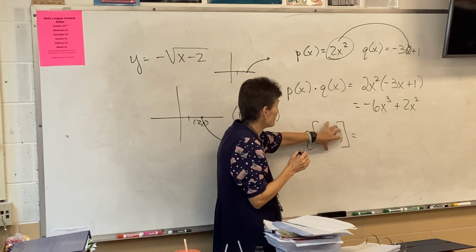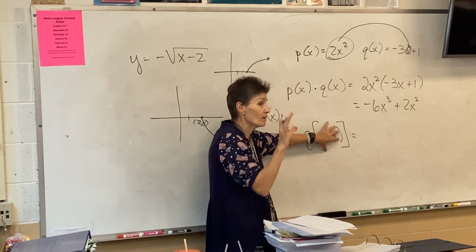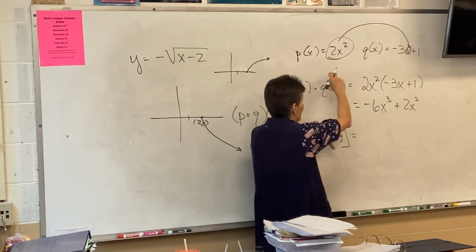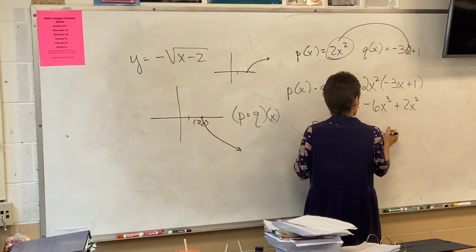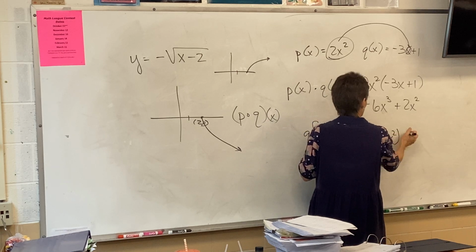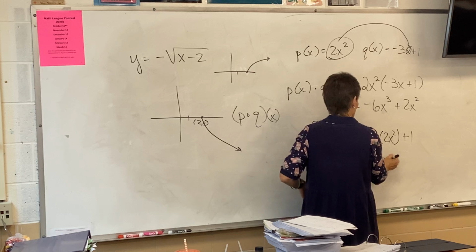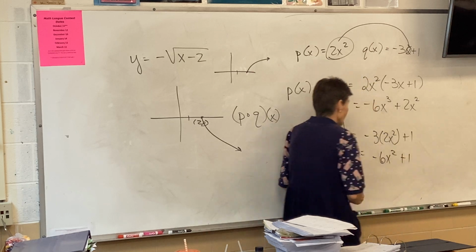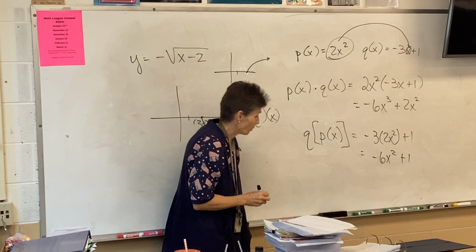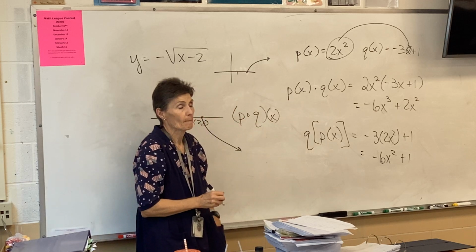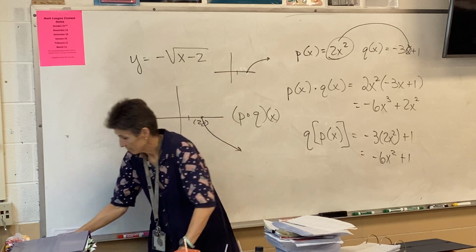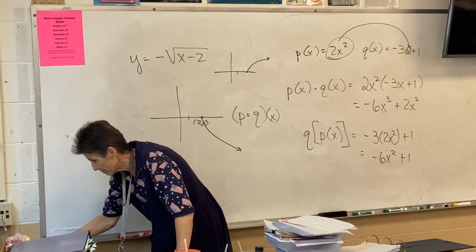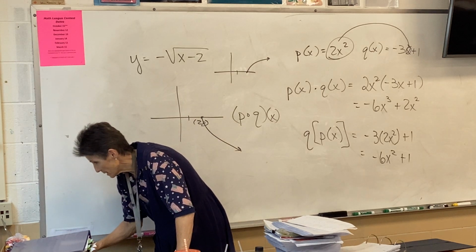So take the P function, whatever it is, the whole thing, and put it into the Q in place of X. So negative 3 times 2x squared plus 1. I got negative 6x squared plus 1. Did I multiply right? That's what you got. Good. Must be right.